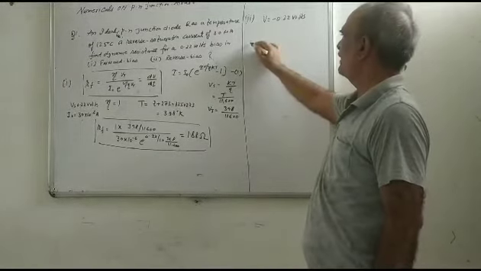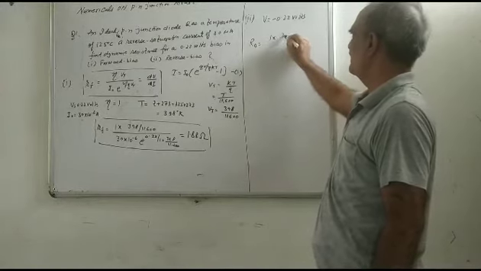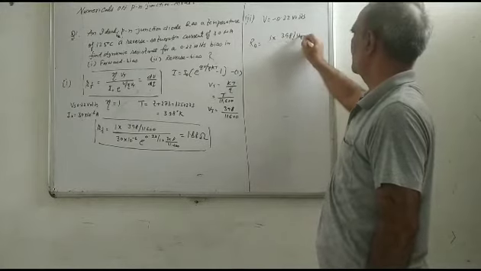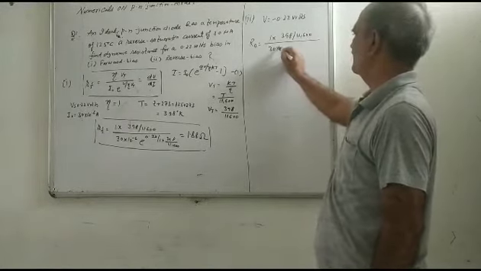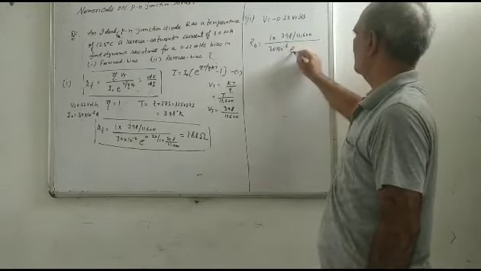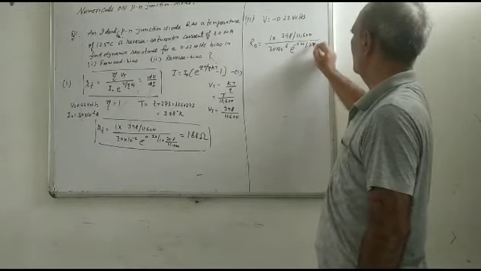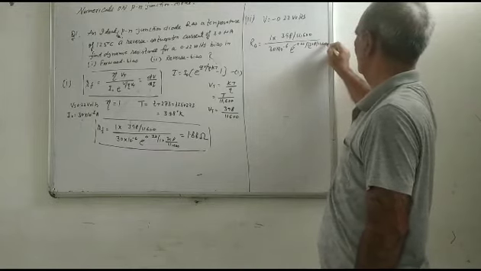So now Rr, the reverse bias resistance: eta is 1, Vt is the same value, 398 by 11,600, divided by I0, which is 30 into 10 to the power minus 6, and the exponent has V equal to minus 0.22 upon 398 by 11,600.